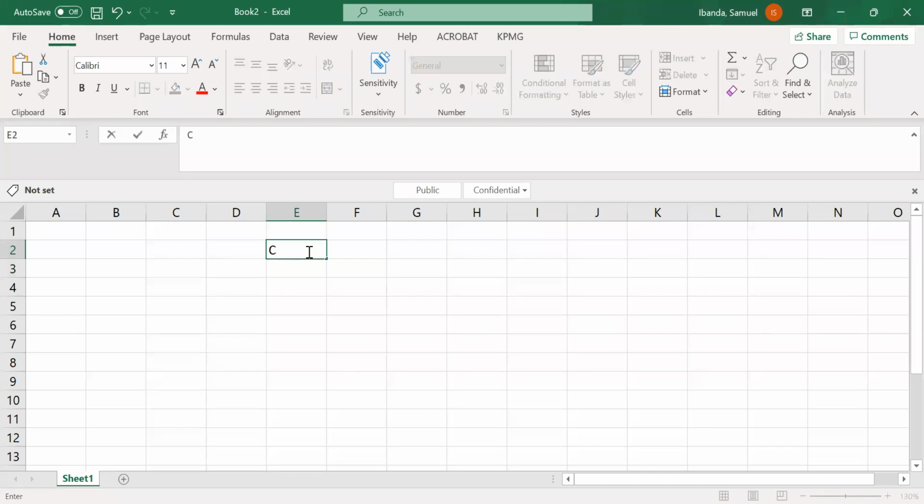Just to recap a little, I said our cash flow statement has three sections.